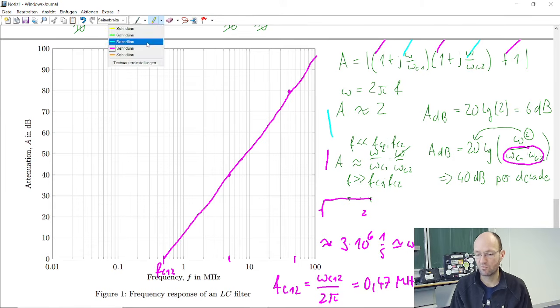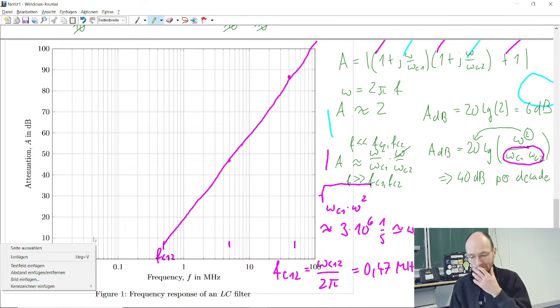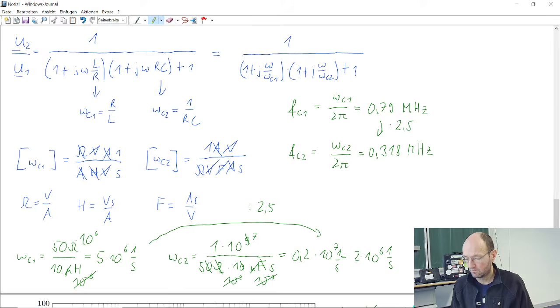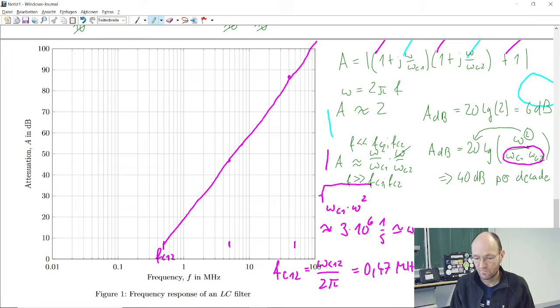Okay, so we can go back to our low frequency behavior that we had here. This 6 dB. And so the 6 dB would be just somewhere here. I think now the line moved a little bit because it's not really on top of this diagram anymore.